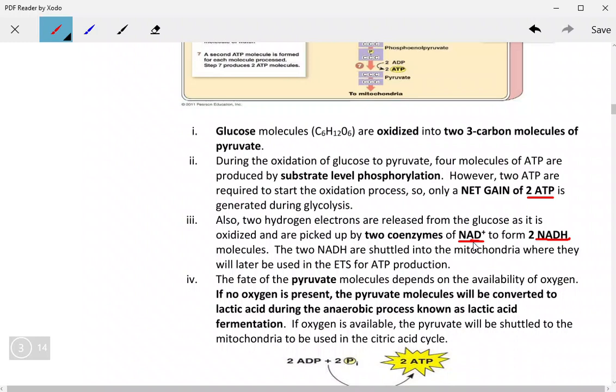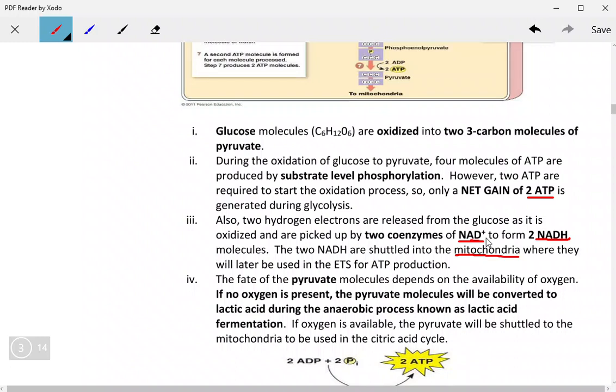And you're probably wondering, why is this important, Ms. Ogaga? Well, it is important because we're going to use these hydrogen electrons within the mitochondria eventually to generate even more ATP molecules. Okay, so keep that in mind. So not only are we having a net gain of 2 ATP molecules, we're also carrying hydrogen electrons by reducing NAD plus.